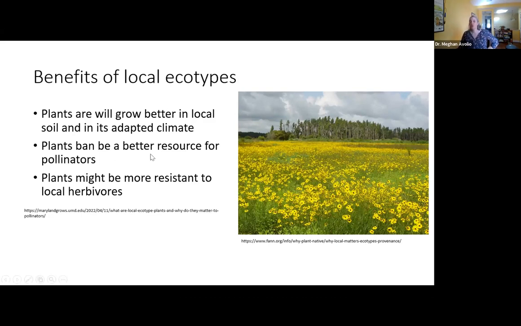There would also be a better resource for pollinators. Local pollinators have evolved to withstand or potentially like better the pollen sources created by these local plants. And they might even be more resistant to local herbivores. Here they've evolved as well to what plants would be eating them. So they have a lot of advantages to succeed in these local environments due to natural selection.